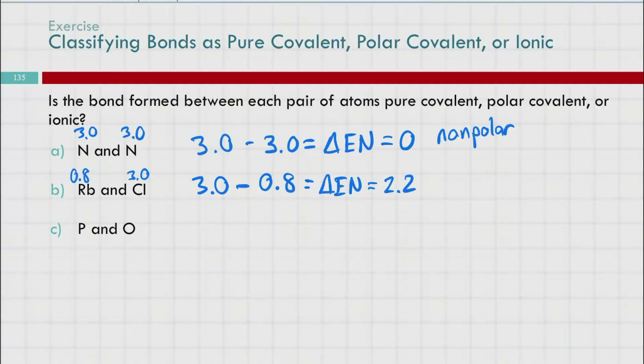That's above our threshold of 2 for an ionic bond, and so we would call this ionic. Another way that we could identify it as such is that rubidium, Rb, is a metal, chlorine is a nonmetal. That makes it an ionic compound, and ionic compounds have ionic bonds.